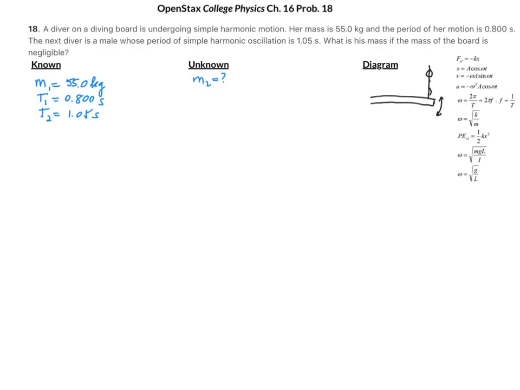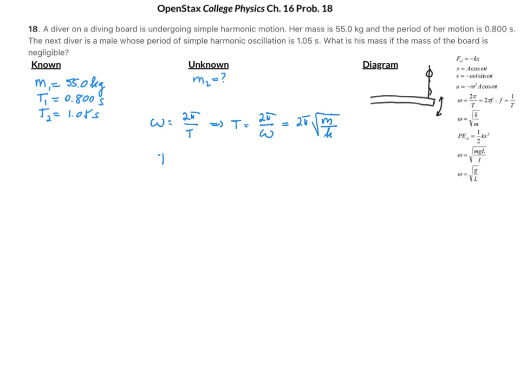All right, so I'm going to write down omega is 2 pi over period, which means that period is 2 pi over omega. Now we know that omega is the square root of k over m, so that will be 2 pi square root of m over k. Now what the two divers have in common is the springboard, and that springboard will have the same spring constant.